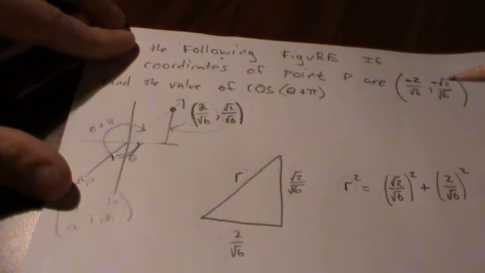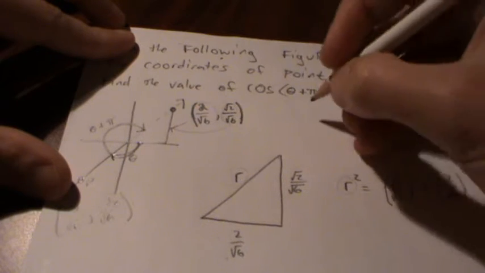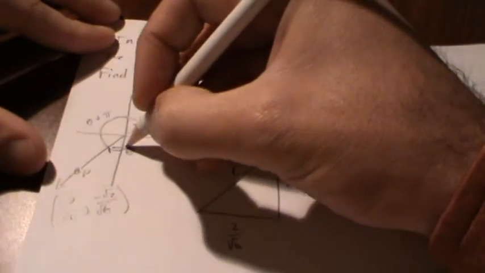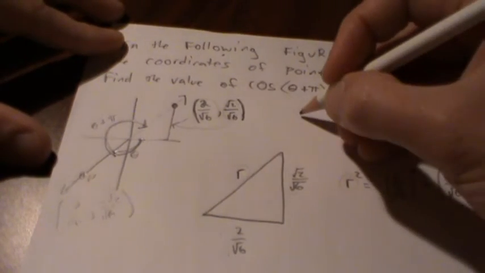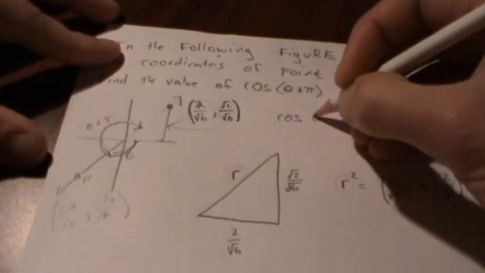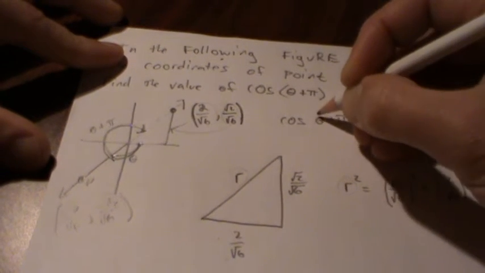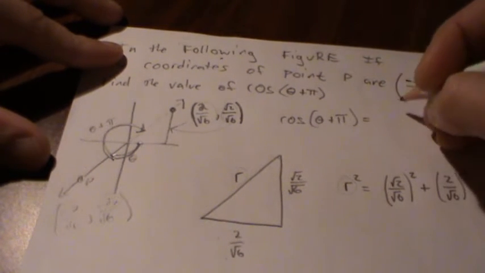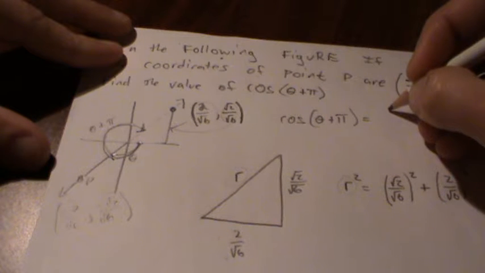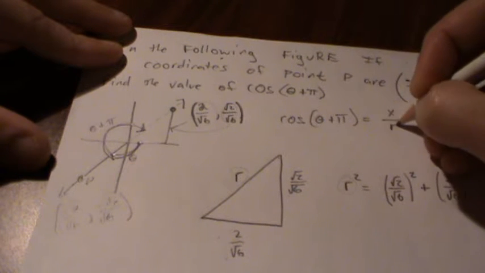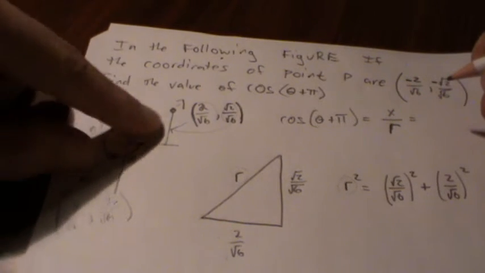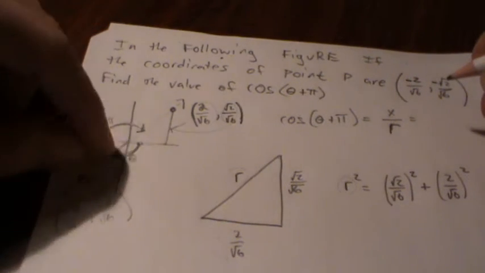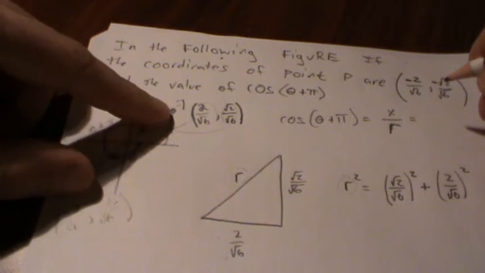And now this is going to be the radius here. And since I'm trying to find the cosine of this angle here, I'm going to need the cosine of theta plus pi is equal to the x-coordinate divided by the radius. So sometimes the radius is not equal to 1, and we're not sure. Maybe the radius will be equal to 1, but we need to see what it is here.